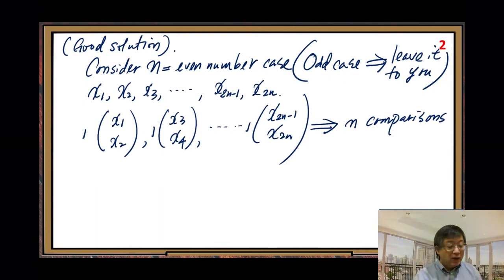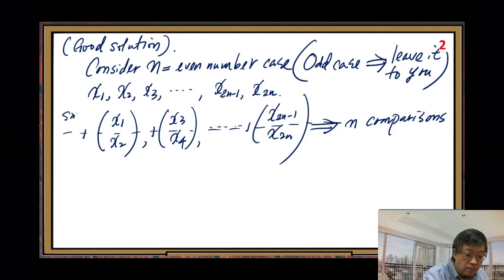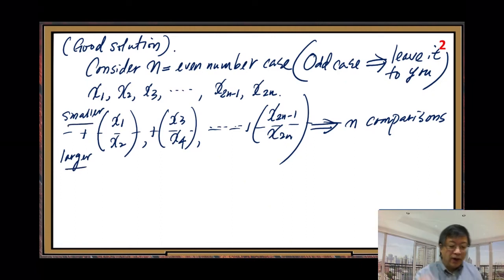For simplicity, let us assume the smaller elements are above this line. We just assume that for convenience. Below this line, larger elements.